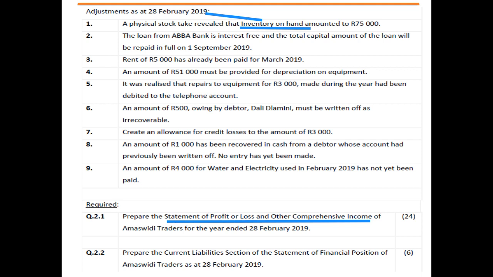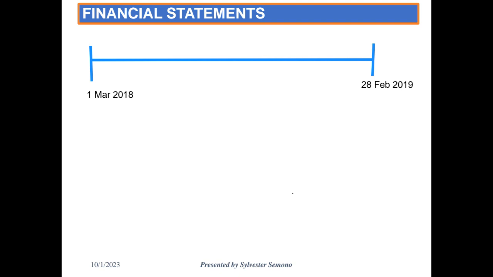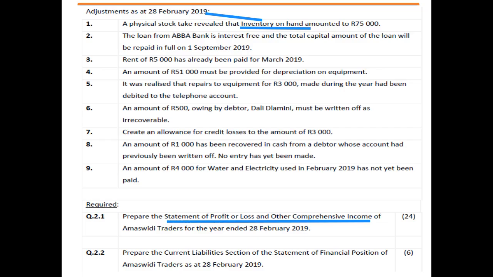So can you see here, inventory on hand, and the date here is at the end? If you see inventory on hand under adjustments, it means that inventory is at the end of the period. Does that mean this is the closing inventory? That is the closing inventory. So the closing inventory is 75,000.